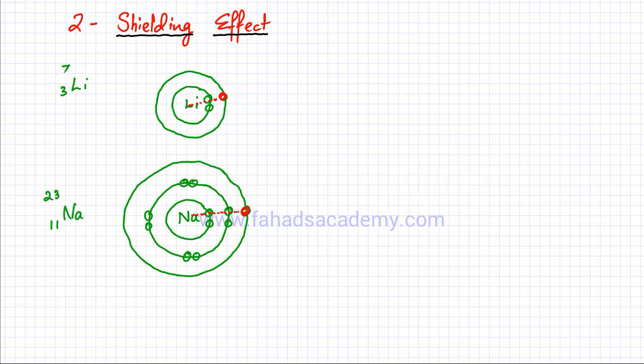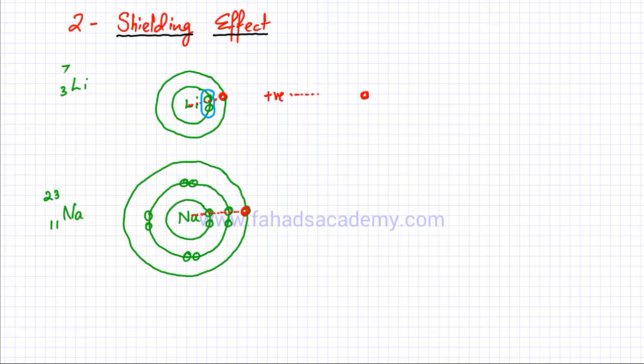Now observe carefully, and I'm going to highlight these other electrons in blue. There are only 2 electrons that are coming in between the electron and the nucleus. If I redraw this, there's a positive nucleus over here, and your electron is over here, and these two are trying to attract each other.